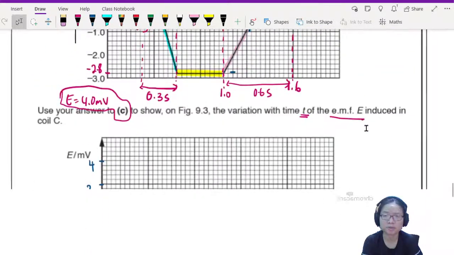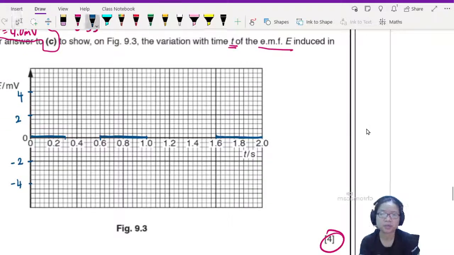Let me zoom up a bit and write here for you. The induced EMF is equal to negative the flux dt. However, flux is equal to NBA.